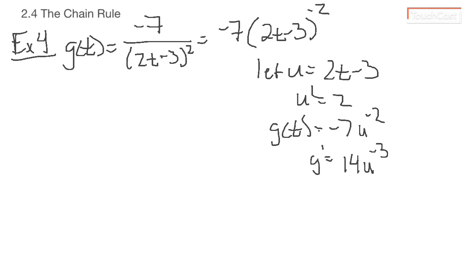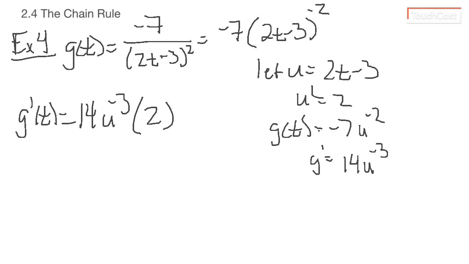So g prime of t is going to be what our g prime over on the right side is, 14u to the negative 3, times our u prime, which is 2, which means this is the same as 28u to the negative 3.